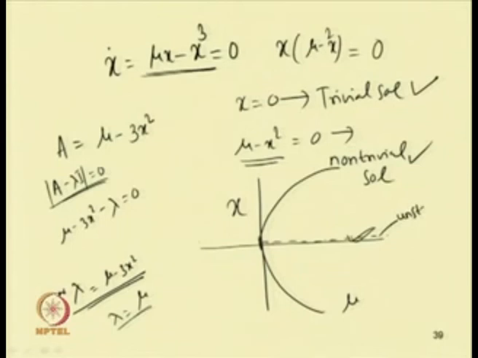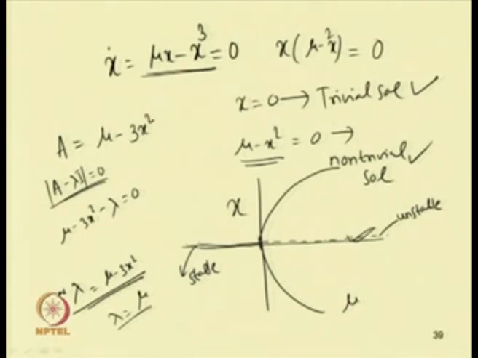Corresponding to mu negative, lambda becomes negative, so this branch becomes stable. So, this is the stable branch.